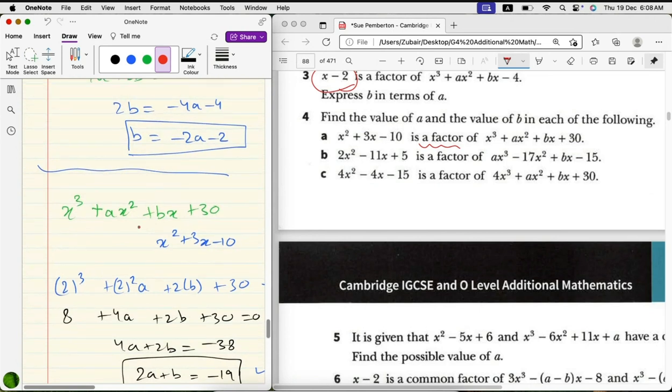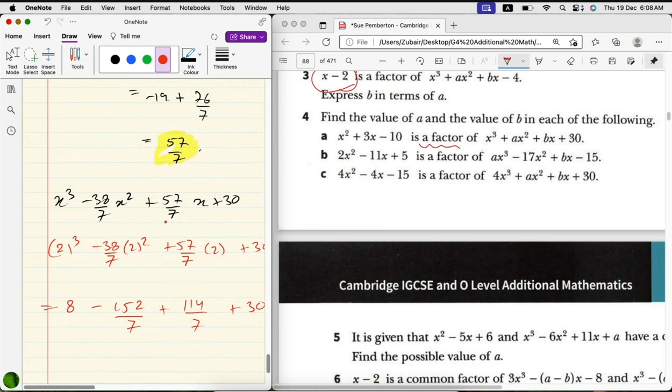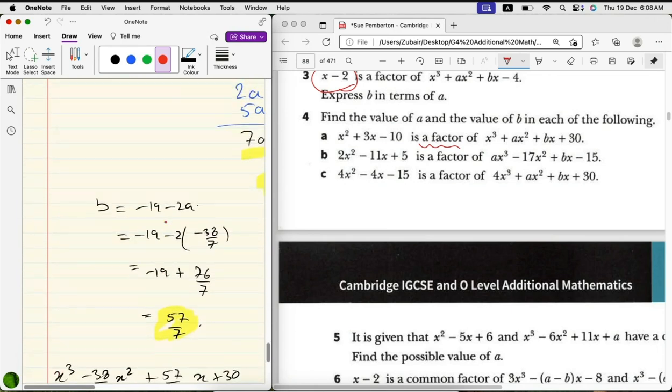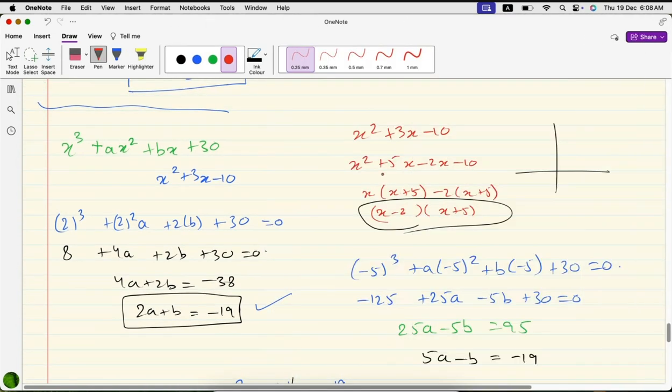x cube plus ax square, okay, that was cube and square, plus 30 divisible by x square plus 3x minus 10. 5 to the minus 10 and we're getting 30, taking out common x plus 5, x minus 2 common, x is equal to 2 and x is equal to minus 5. 2 cube is 8, 2 to the 4, 2b plus 30.